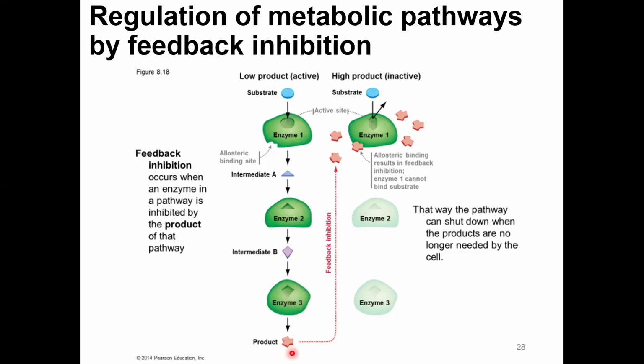And then when there's a high amount of product, the product itself can give feedback saying, okay, we don't need any more. The product itself can bind to the enzyme as an allosteric competitor, where it changes the conformation and doesn't allow the pathway itself to continue.